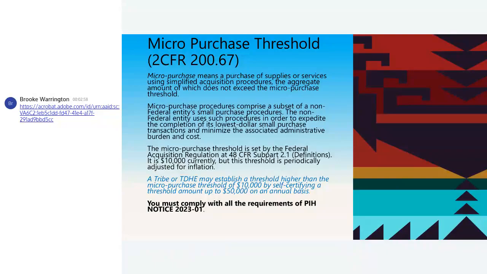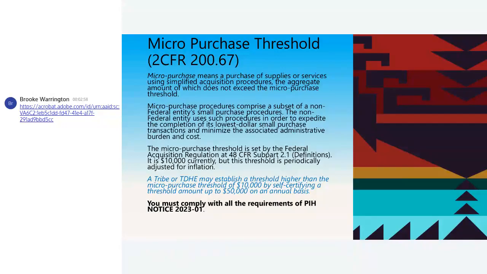Okay, $10,000 currently. This threshold is periodically adjusted for inflation. Now, that guidance document I gave you, your tribe or TDHE can establish a threshold higher than that micro purchase threshold of $10,000 by self-certifying a threshold amount up to $50,000 on an annual basis.